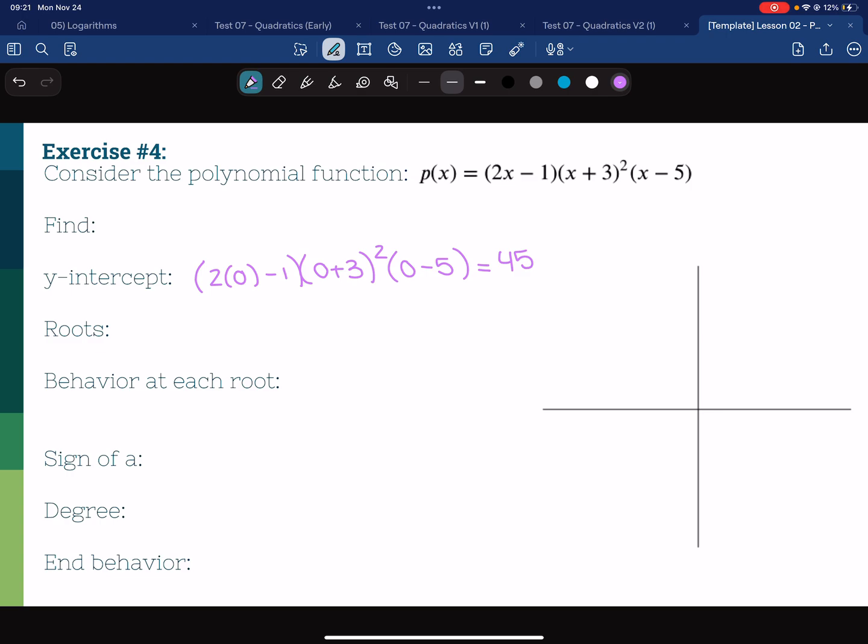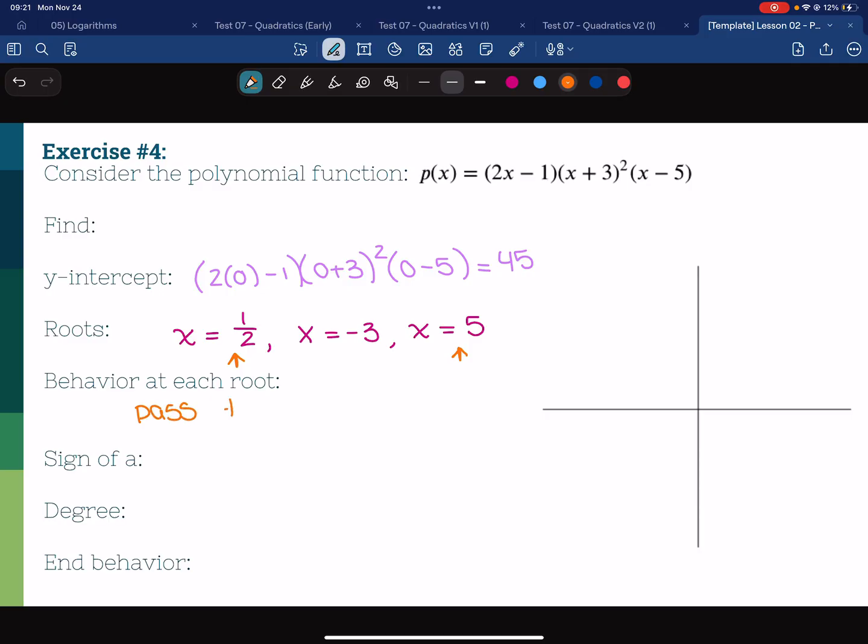My roots, same thing. Right, we're setting each equal to 0, so I'm going to get x equals that positive 1/2, x equals a negative 3, and x equals a positive 5, knowing that for that 1/2 and that 5, that's going to be a pass-through.